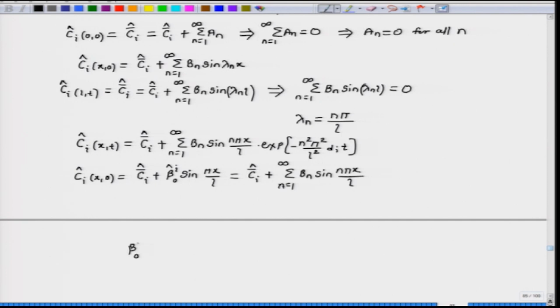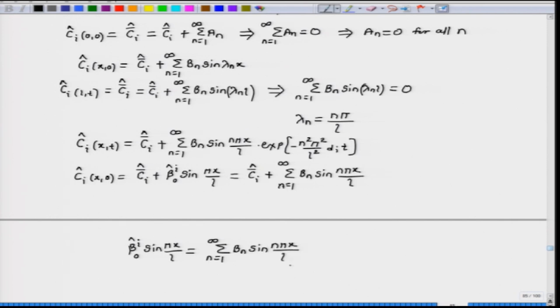So, I get beta 0 I cap sin pi x by L should be equal to sigma n equal to 1 to infinity B n sin n pi x by L.